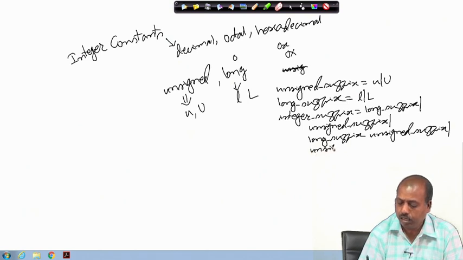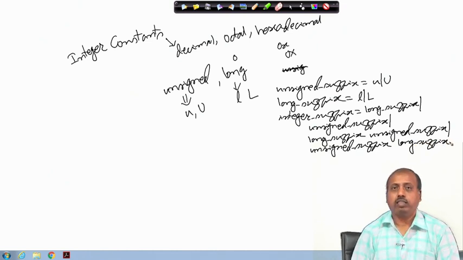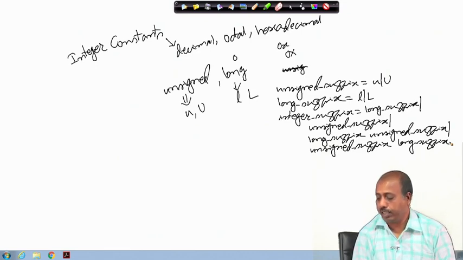So, these are the ways by which the suffix can come after the integer.